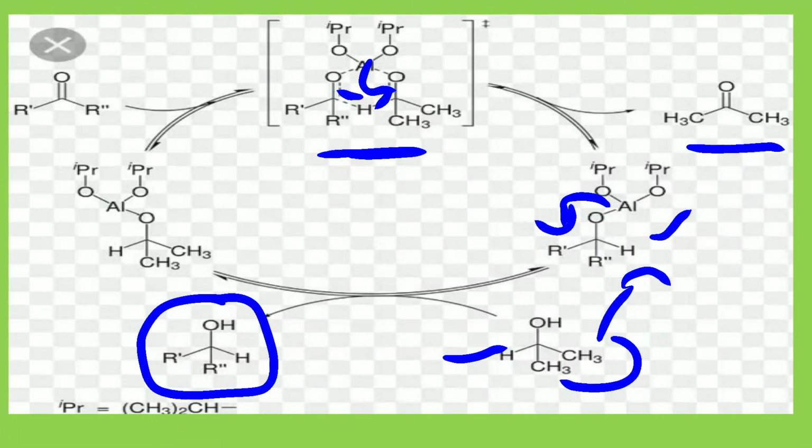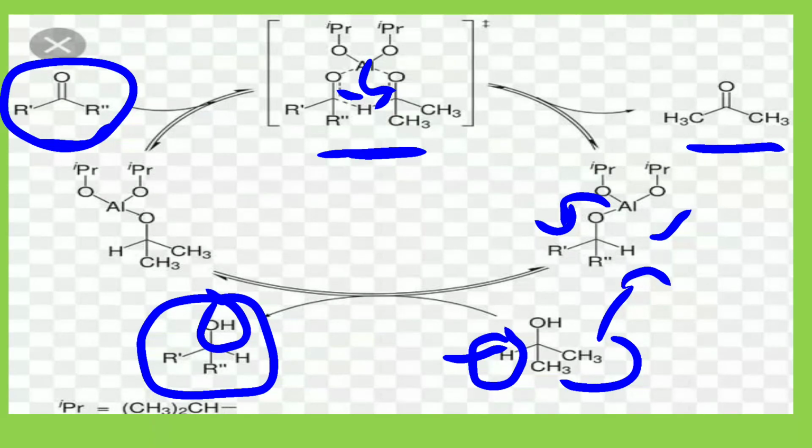By the abstraction of the proton attached to this O minus, there is a formation of the OH here, and the (CH3)2CHO is attached to the aluminum. In the next step, one more R1COR2 is attached to this compound.